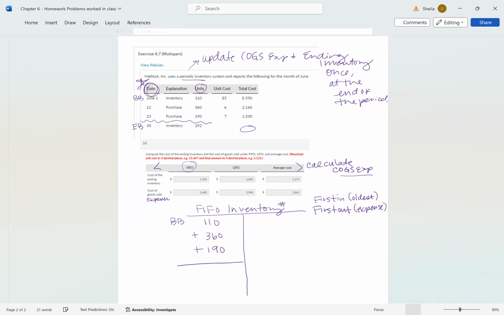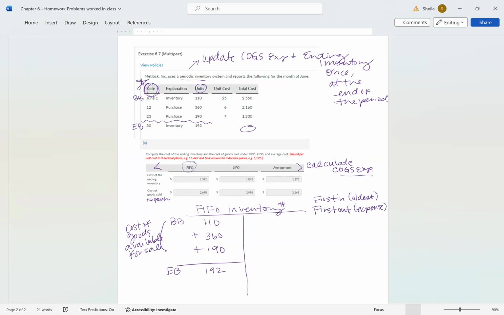Now, if I draw a line here, I've got my ending balance, my normal asset balance, of 192. So I started with 110. I add purchases of 360 and 190. This is called my cost of goods available for sale, or available to be sold. And that's going to be important as we think through what's happened.